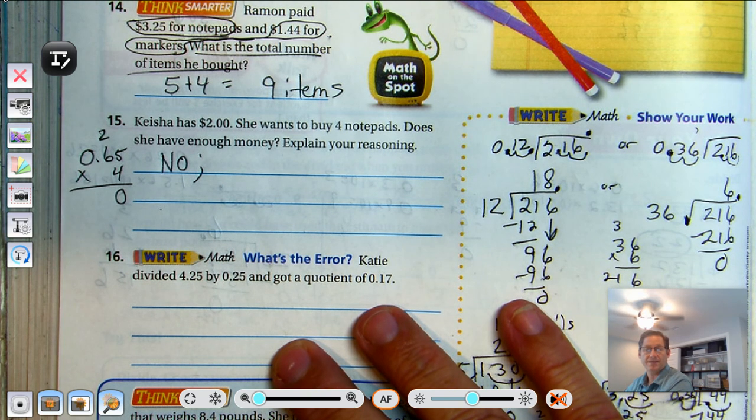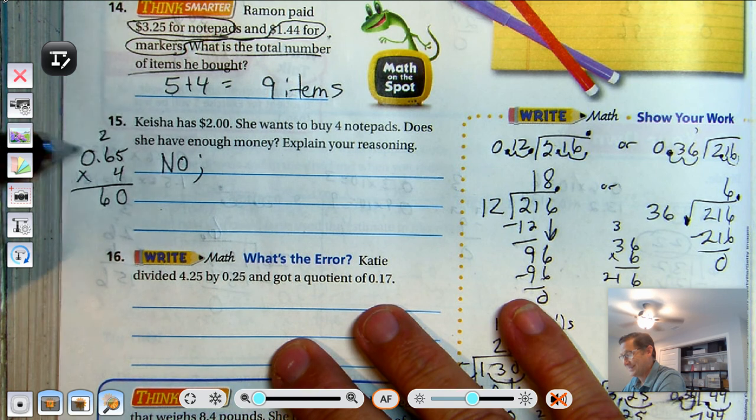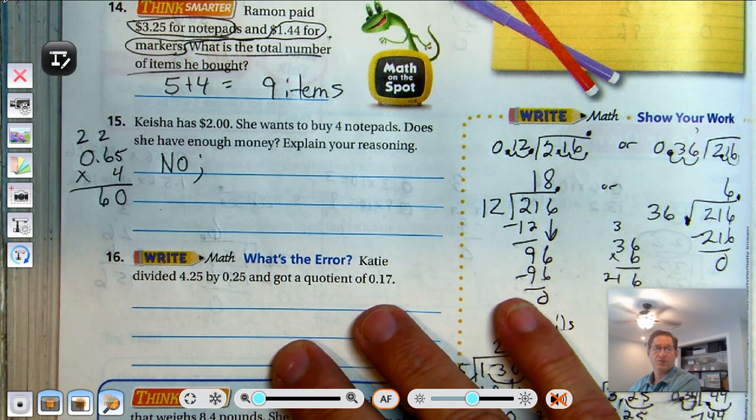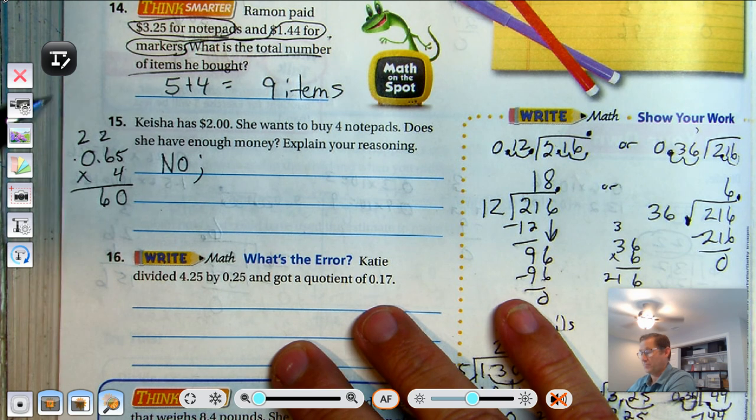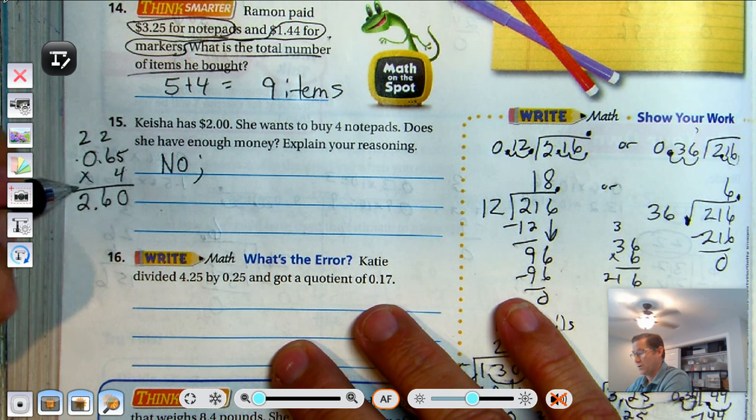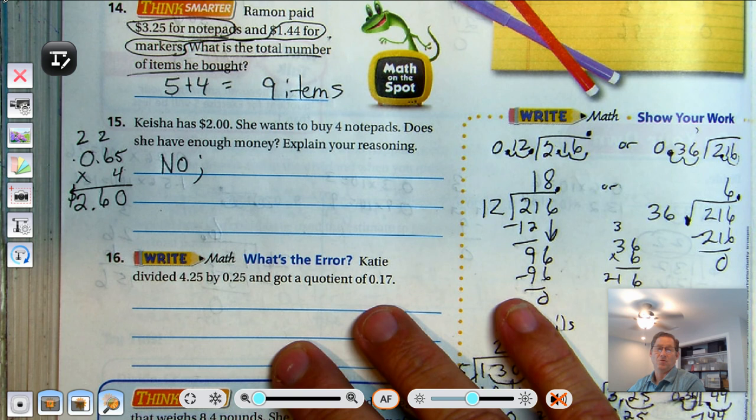Regroup that as 2 tens and 0 ones. 4 times 6 tenths is 24 tenths, plus 2 more is 26 tenths. Regroup that as 2 ones and 6 tenths. 4 times nothing is 0, plus the 2 extra ones, $2.60. No.